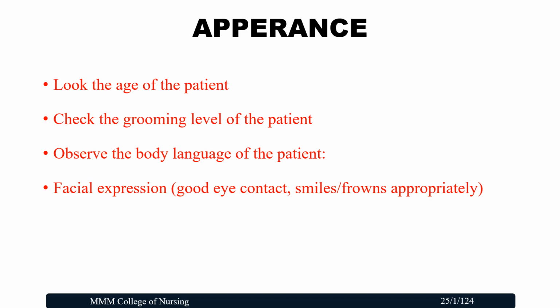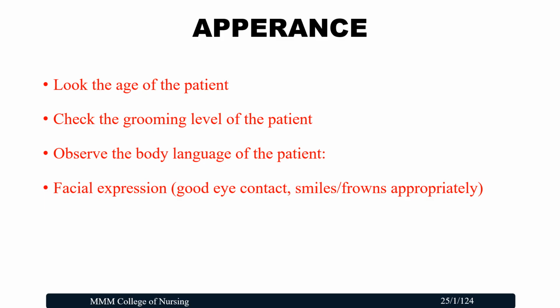Appearance. First, look at the age of the patient and observe physical features that are associated with certain conditions, such as almond-shaped eyes associated with Down syndrome. Second, check the grooming level of the patient, whether the patient is dressed appropriately for the situation and the weather, and monitor how comfortable the patient is in social situations.